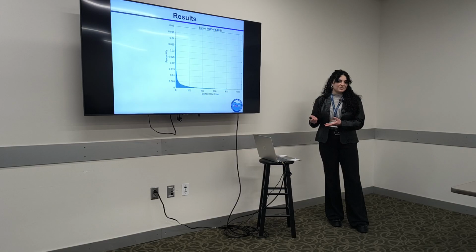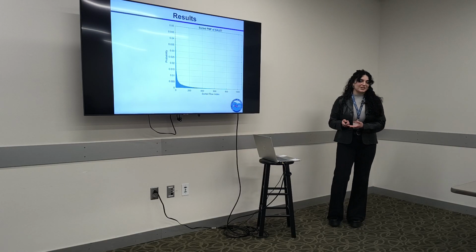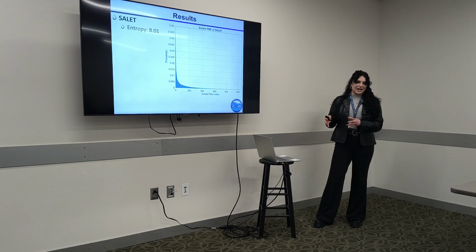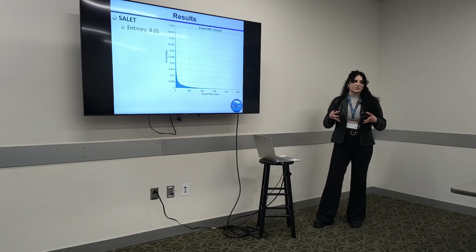The first word I tested was salad because of its high entropy. It produced 8.1 bits of entropy relative to the maximum entropy of 11.79 bits, which seems high, but that is only because my model did not take into account the positional dependence of letters.